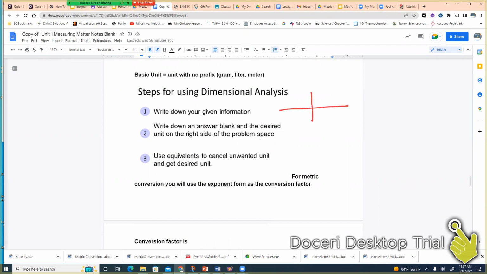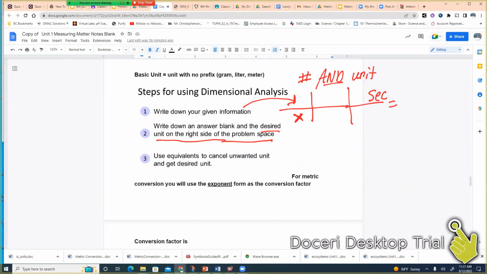So when we look at our little train tracks, that given information always goes in that first box. Right now, we're not going to have anything underneath it. Remember that you need to write down the number and the unit, because dimensional analysis is all about lining up the units so that they will cancel correctly. Then you would write down an answer blank and the desired unit on the right of the problem. So let's say that we were on that other one, we were going from hours to seconds. So my desired unit would be seconds. That's what I want to eventually get to.